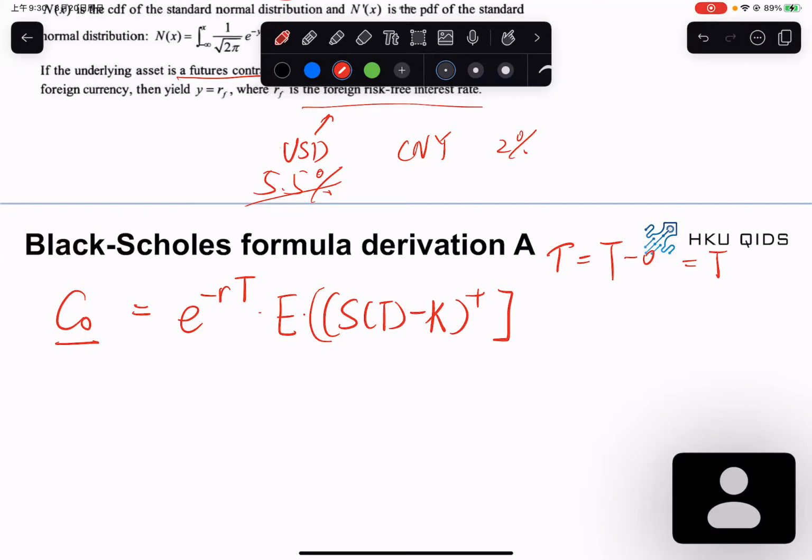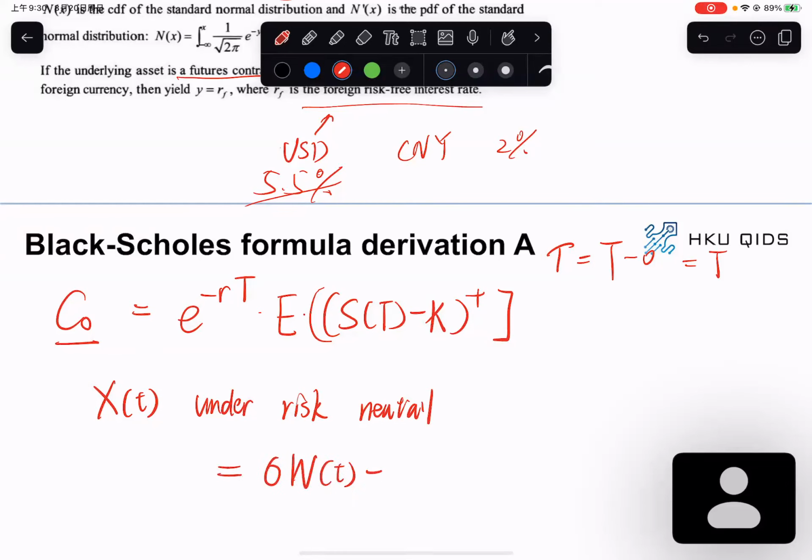And we already know that our XT on the risk neutral measure should be equal to sigma Brownian motion WT plus r minus sigma square over 2 T, right?